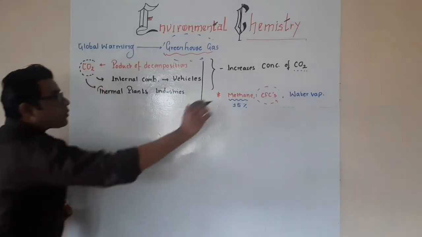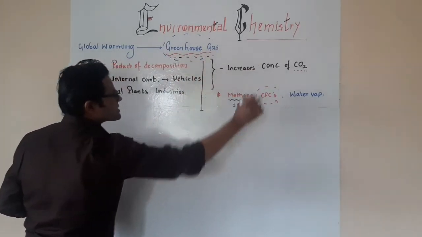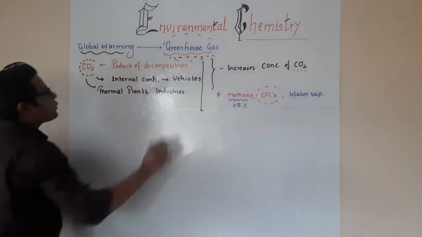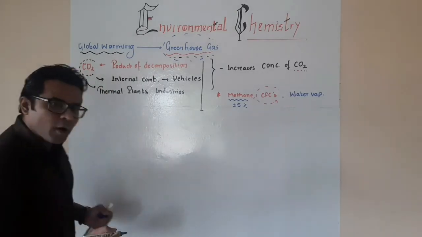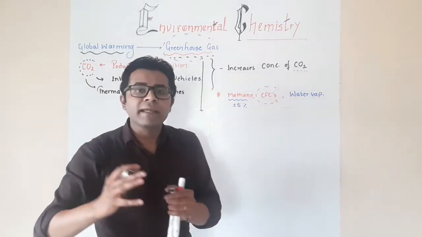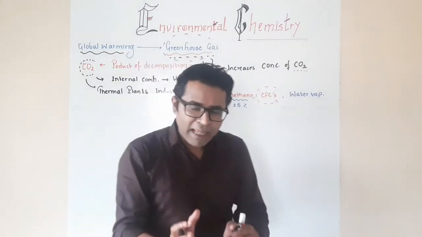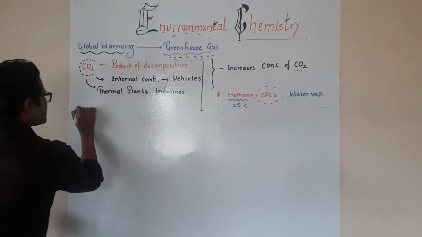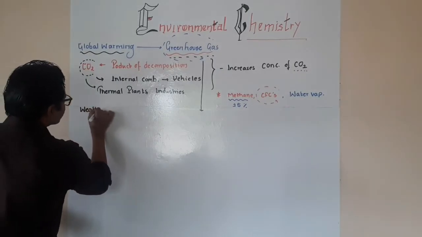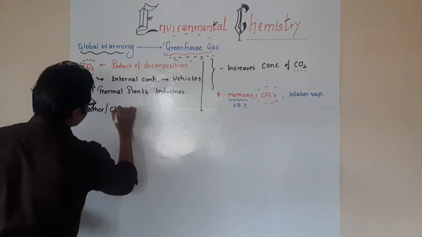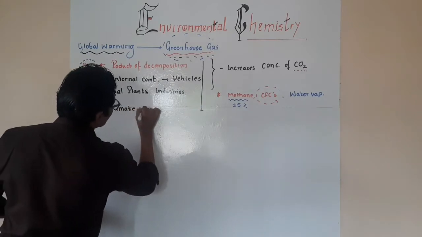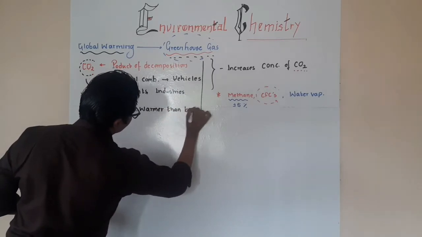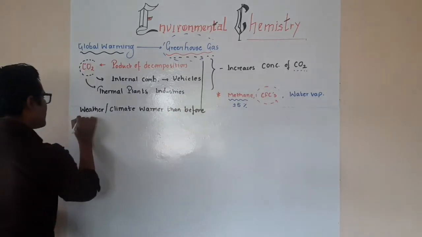Before going directly to the effects of greenhouse gases or how it works, you need to understand what exactly we mean by global warming. Global warming is nothing more than a warming temperature, or a climate which is warmer than before, globally.